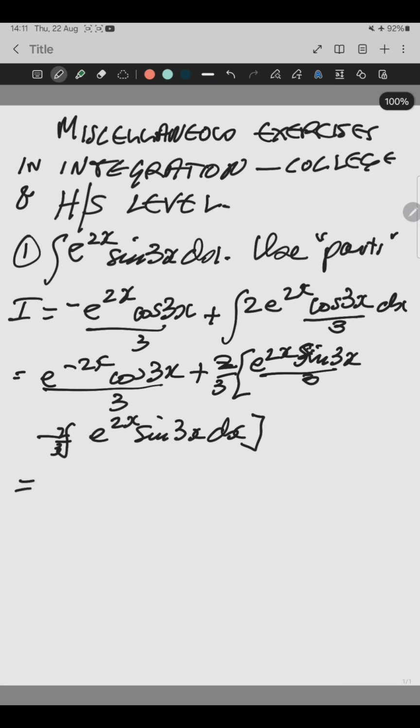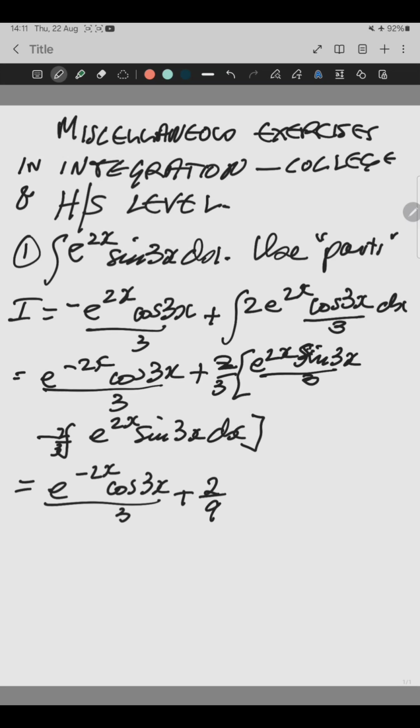Right, carrying on from there, that'll be e to the 2x times minus cos 3x over 3 plus 2/9 e to the 2x sine 3x minus 4I over 9. So I is equal to all of that.